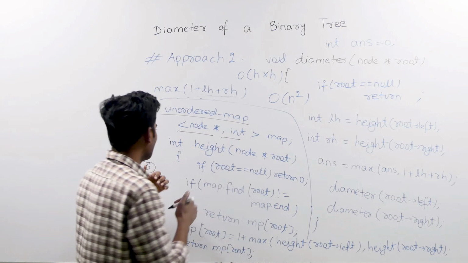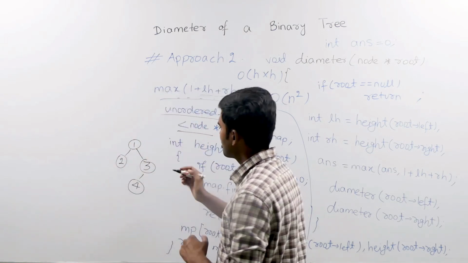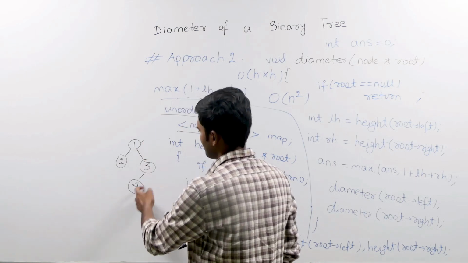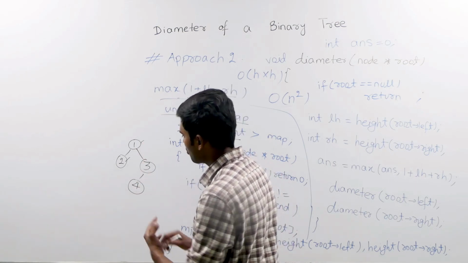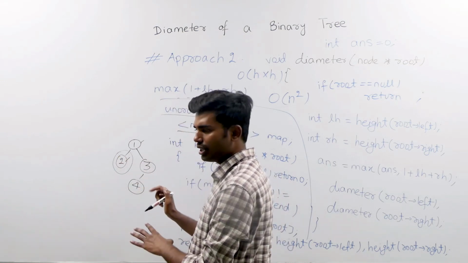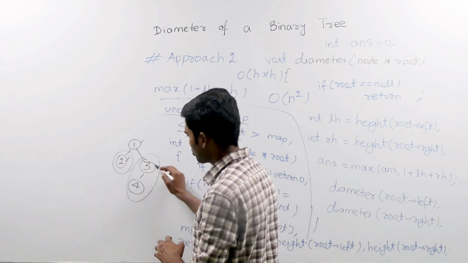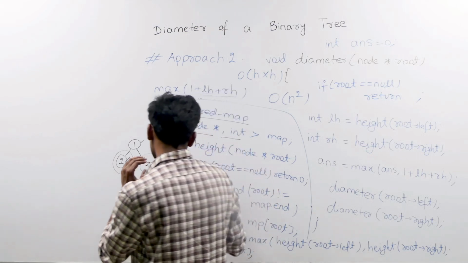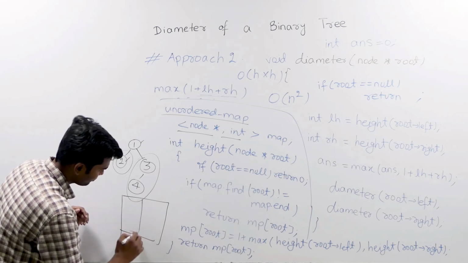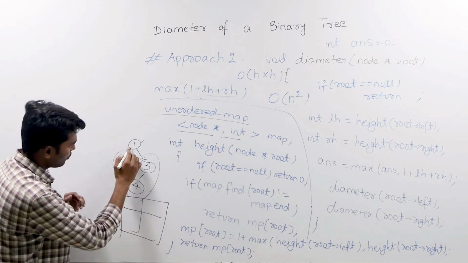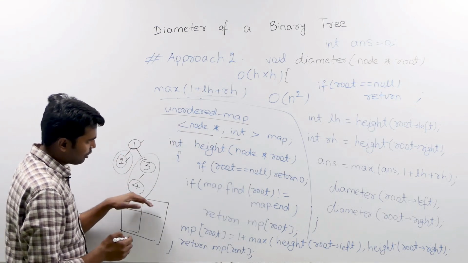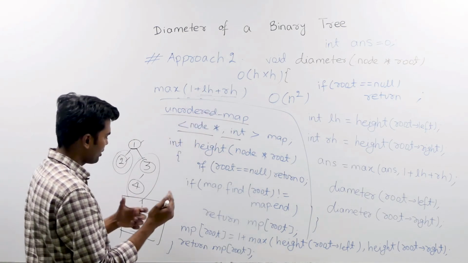For example, in this tree, the height for this node is 3, right? But the height of this node would be 1, because for this subtree the height is only 1. For this subtree the height is 2. So basically in the map the entries will be like this. The key will be the pointer to a node and the value will be the height of that subtree.